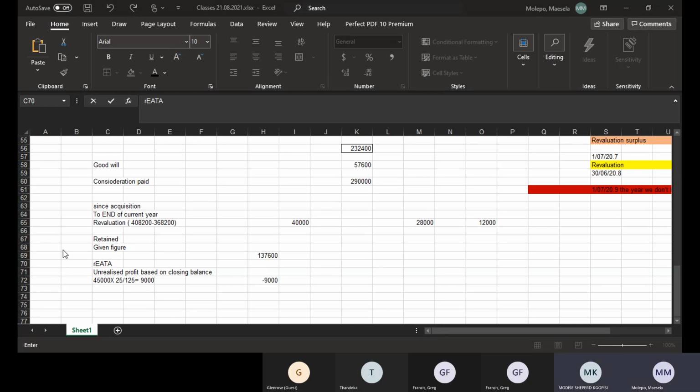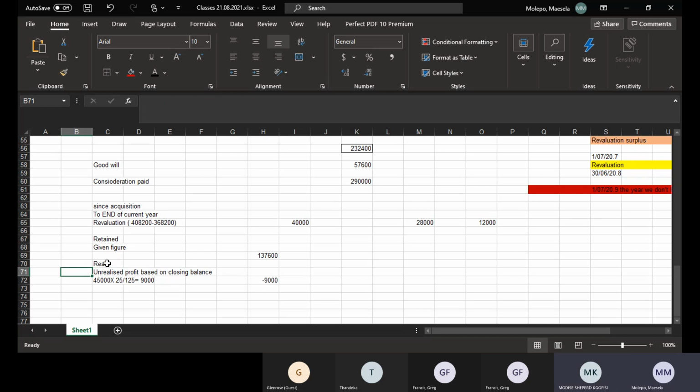Since in this case we are not dealing with the retained earnings up to the beginning, we're just going to take the retained earnings as the balance, and then subtract from the 137,600. The retained earnings is 137,600, minus 72,000, which gives the positive figure of 65,600.